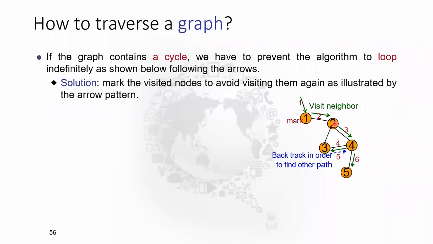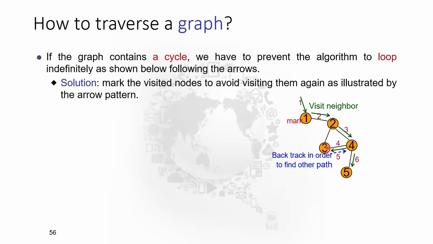So it's possible that when you go to 2, then you go to 4, then you go to 3. If you did not do anything, you just travel as you go, it's possible that you go from 3 to 2, then 2 to 4, then 4 to 3. So it will keep going on infinitely.